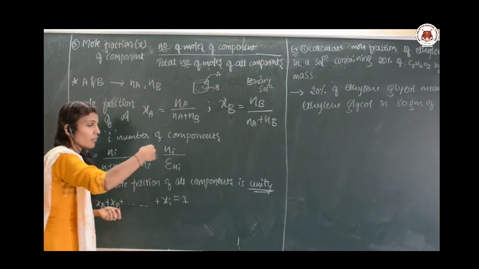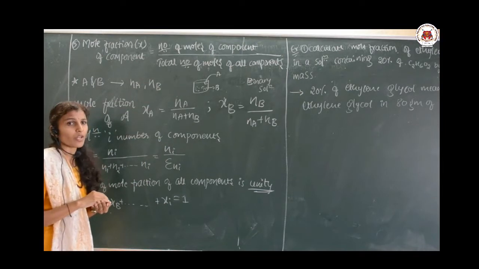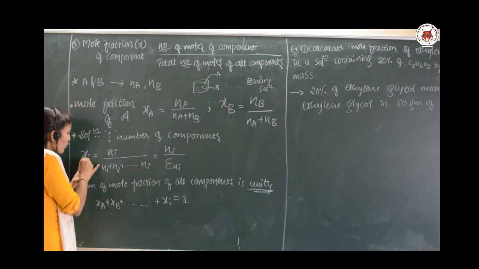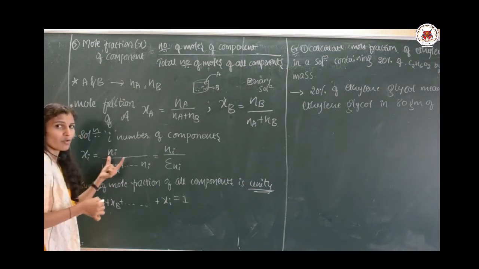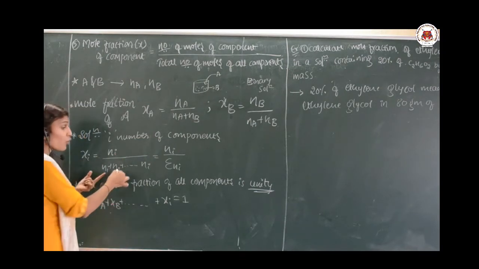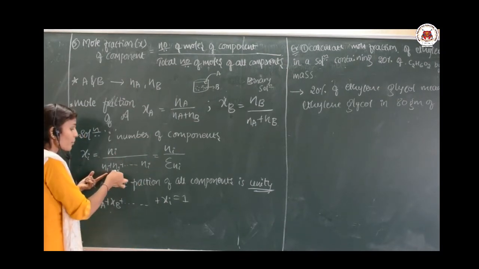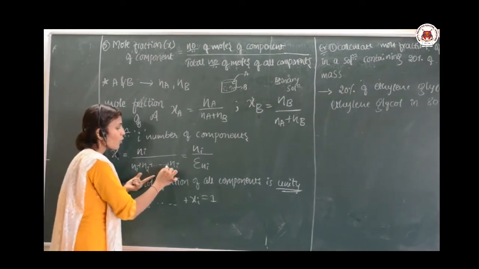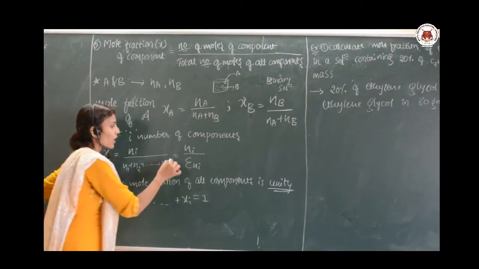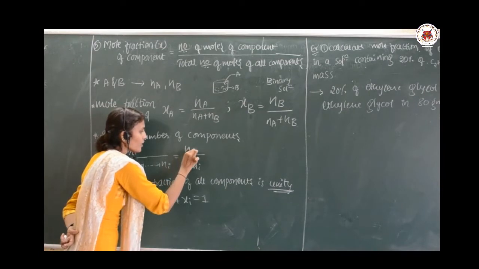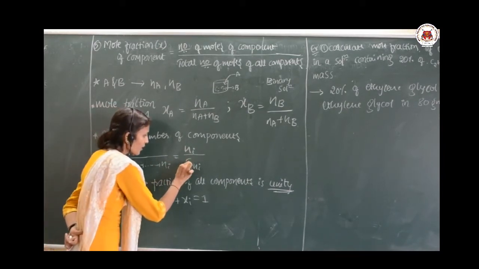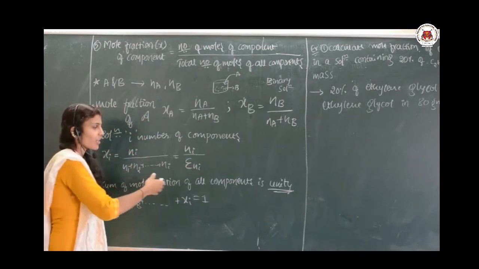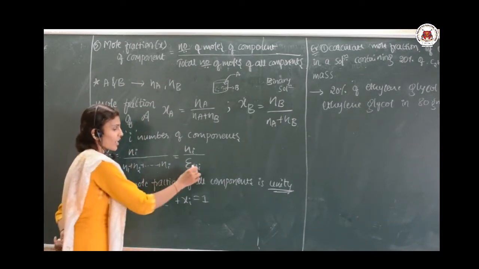There are A, B, C like this, up to i components, which means the mole fraction of the i component will be Ni, the number of moles of the i component, divided by the total number, that is N1 plus N2 plus so on up to Ni. So how can it be expressed? Ni, the number of moles of the component, divided by the total. That's why we are taking the term sigma Ni.